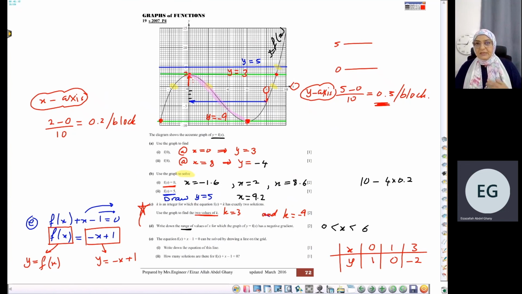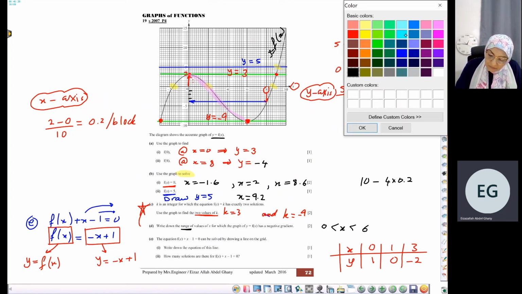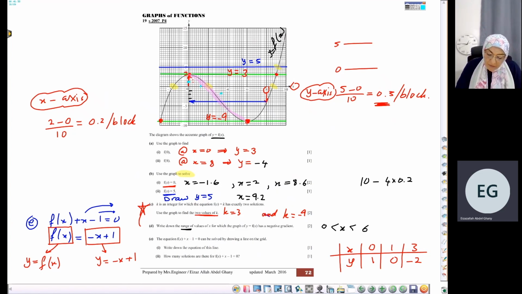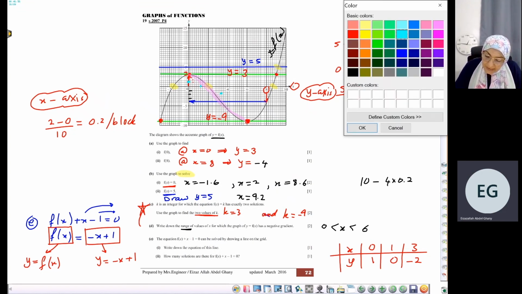You have to expect it's a line which is sliding down. It cuts the y-axis at positive 1. So 0 and 1 is a point. Remember on the y-axis the scale is 0.5 per baby block. So here is the point 0 and 1, another point is 1 and 0, another point is 3 and negative 2, and then you use your ruler to connect these 3 points and extend.